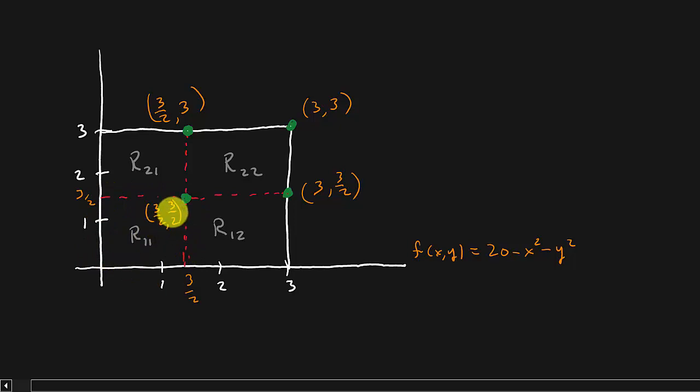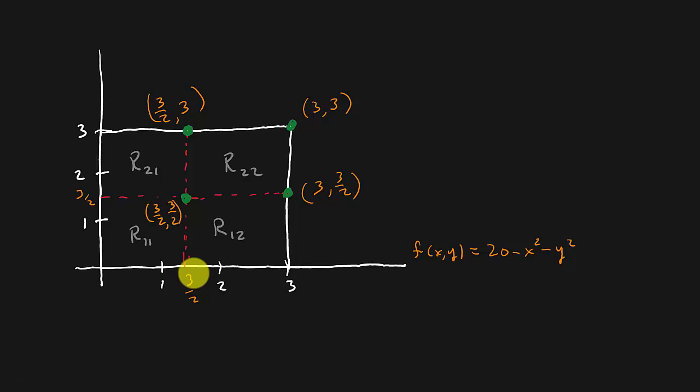Well, I take this point, plug it in for x, y, and that gives me the height at that point. And that would be the height of this box right here, or prism, rectangular solid, whatever you're going to call it. Prism, I guess.